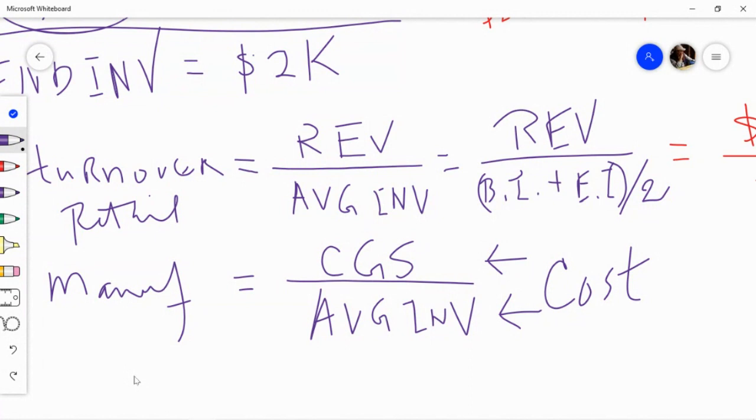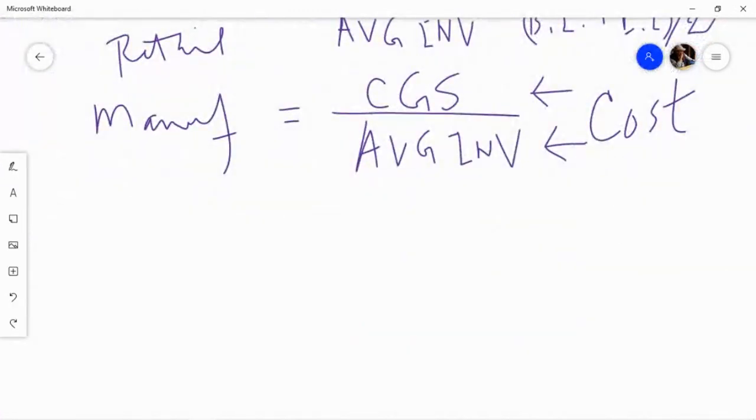Now, the next thing is, since we are doing the asset management category, the next one is fixed assets turnover ratio.